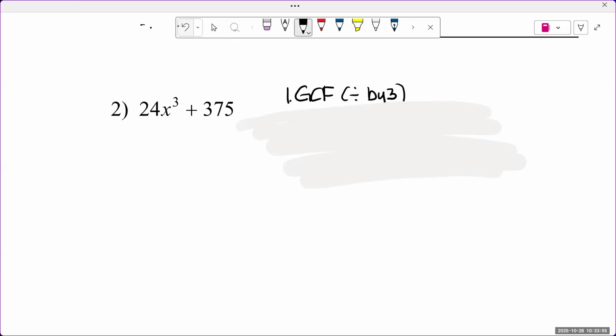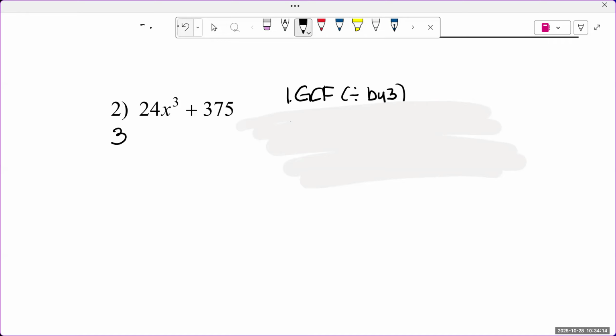Okay, this is looking like the sum of cubes, but 24 is not a perfect cube. 375 is not a perfect cube. Let's try dividing by 3. Let's see if there's a GCF.